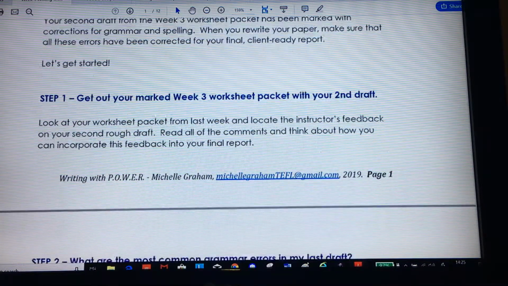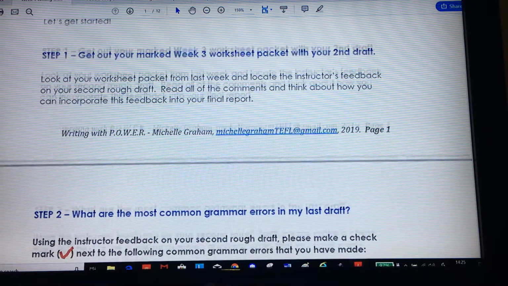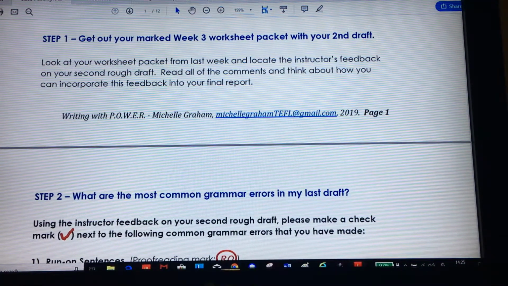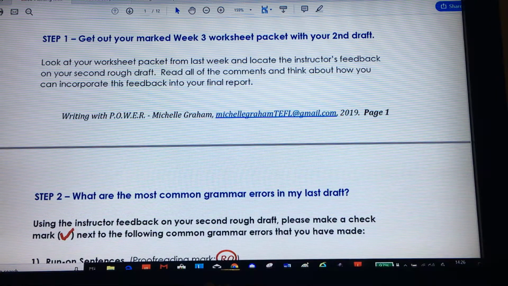So if you take a look at your week 3 worksheet packet and that second rough draft, I have put feedback on there. Not only have I marked specific grammar and spelling items, but I also have let you know what your most common grammar error is so that you can focus on that.